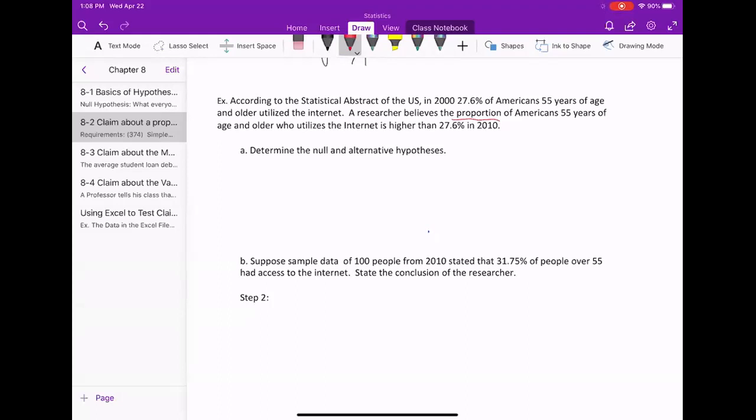So let's do step 1, which is part A in this case. Determine our null and alternative, right? So I have an H naught, colon. I have my H A, colon. And what is our population parameter?